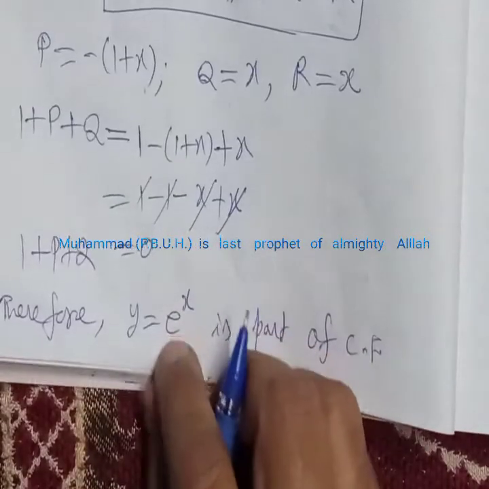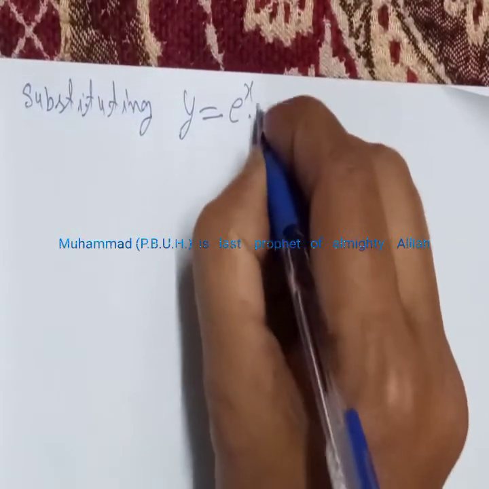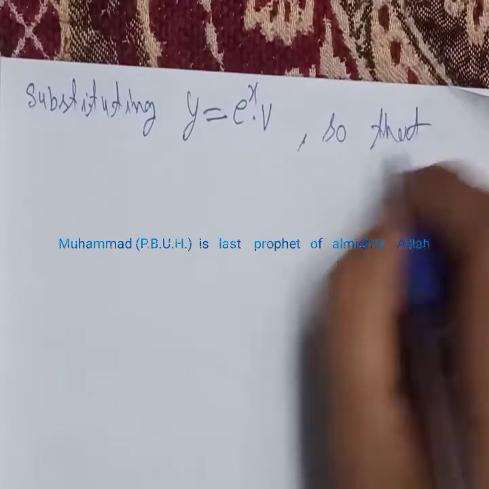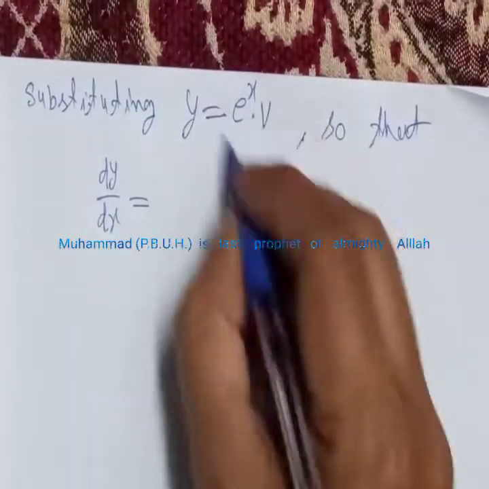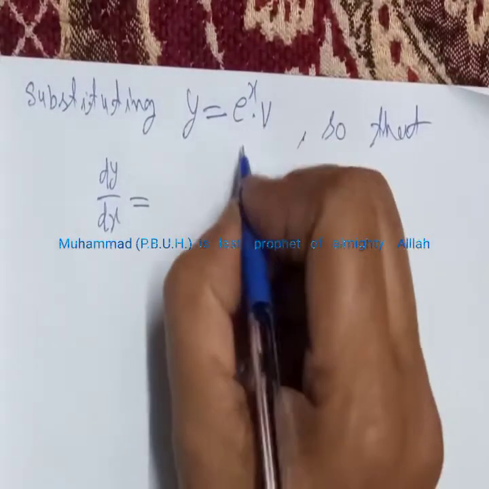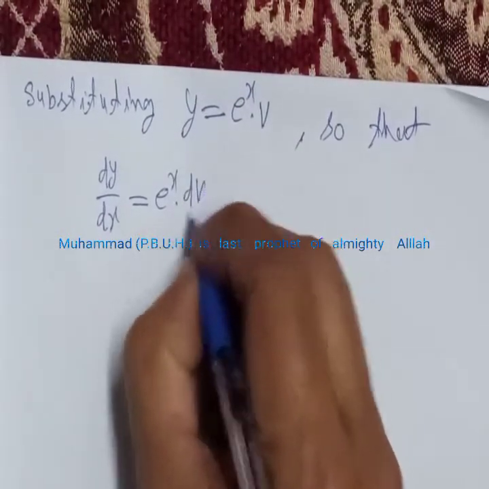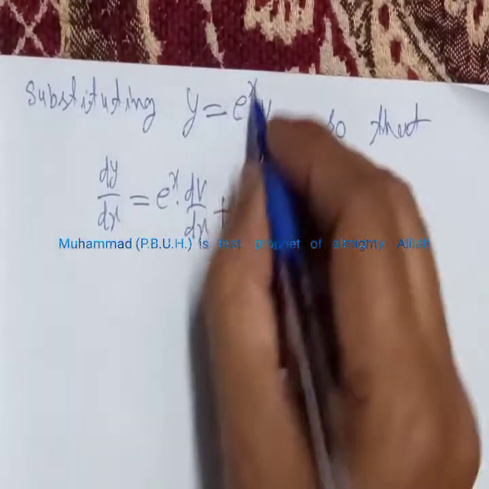Here u is equal to e to the power x. So we put u into v, meaning e to the power x into v, so that dy over dx becomes, on differentiating by the product rule, first function as is times the differentiation of second, plus second function times the differentiation of first.